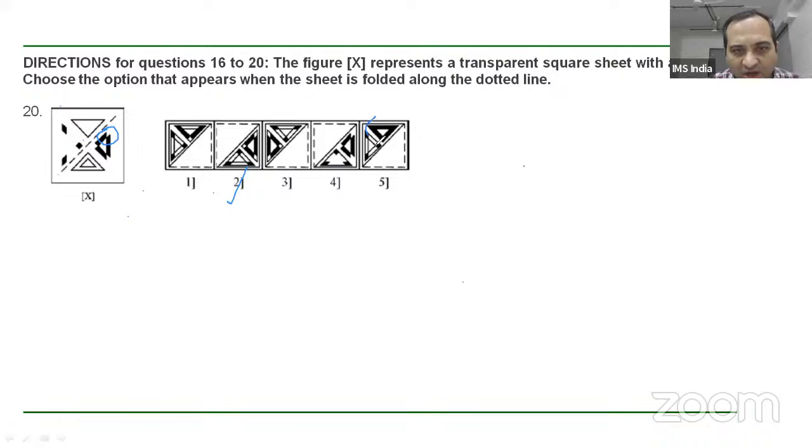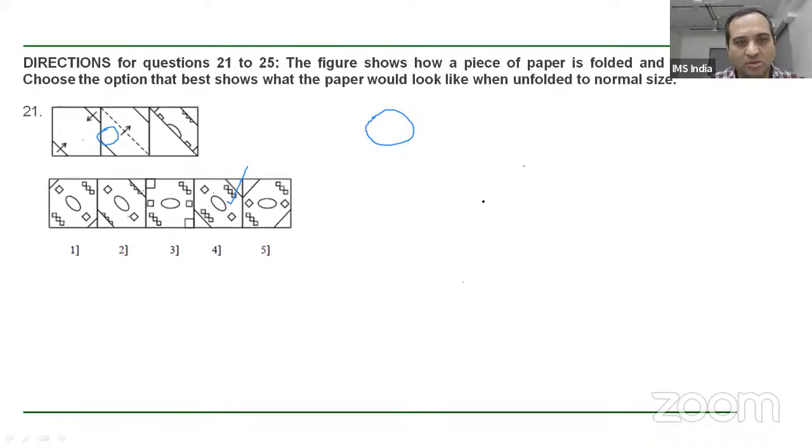In this figure, there is no break in shading, because of which 5 cannot be your answer, Vaishnavi. Okay, good. I think all of you got this right now. Come on, let's move on to the other type of question.